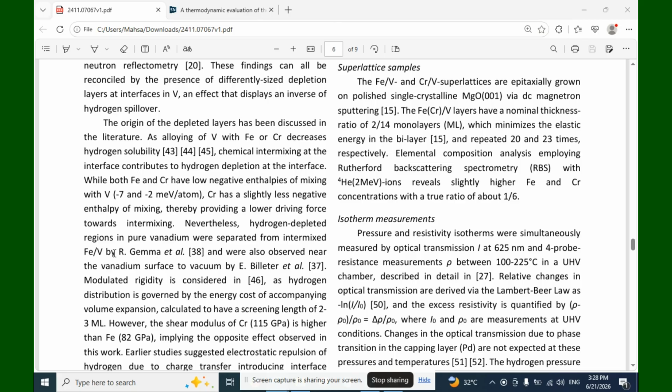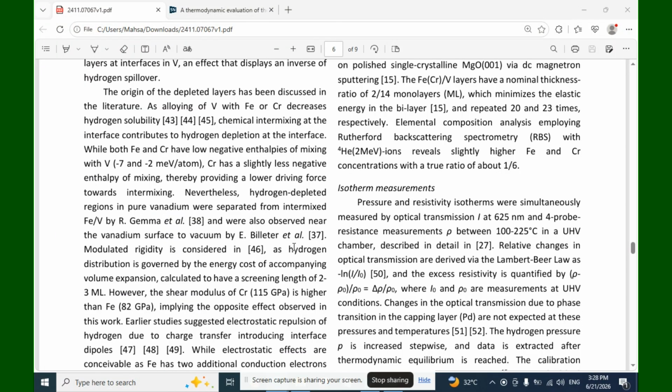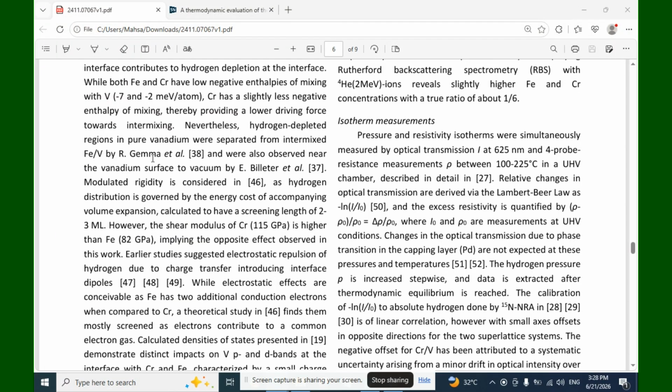Nevertheless, hydrogen-depleted regions in pure vanadium were separated from the intermixed Fe by Gemma and his colleagues in reference 38, and were also observed near the vanadium surface to vacuum by Bilter and his colleagues in reference 37.